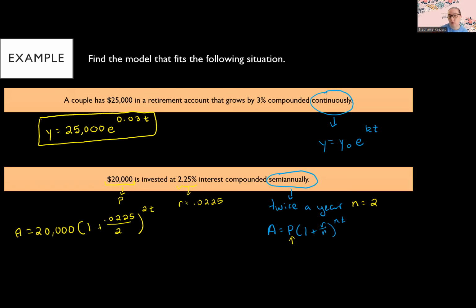Now, generally what we will do is simplify in the parentheses. So we will do that division, divide by 2. And then we will add 1 to that. So we usually simplify this to say A equals 20,000, parenthesis, 1.01125 to the 2t.